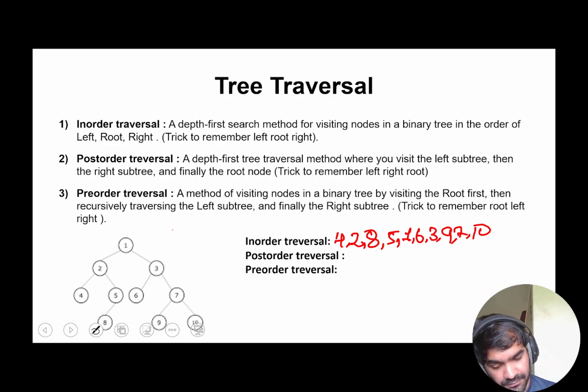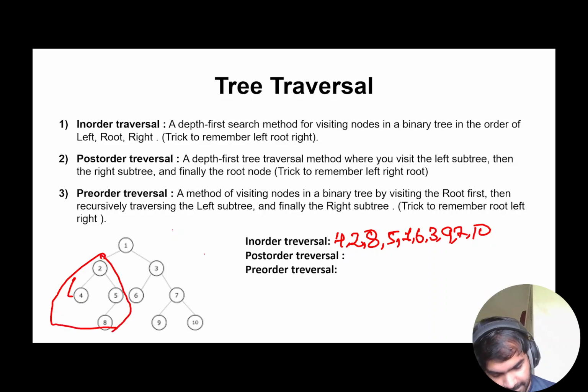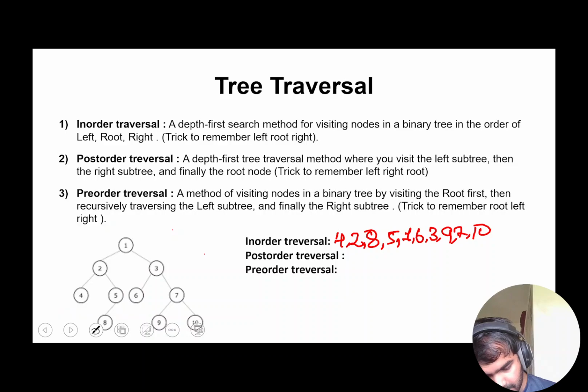According to the definition, we would first go to the left subtree. The left subtree is this. And after the left subtree we go to the right subtree and then the root. So let's start.